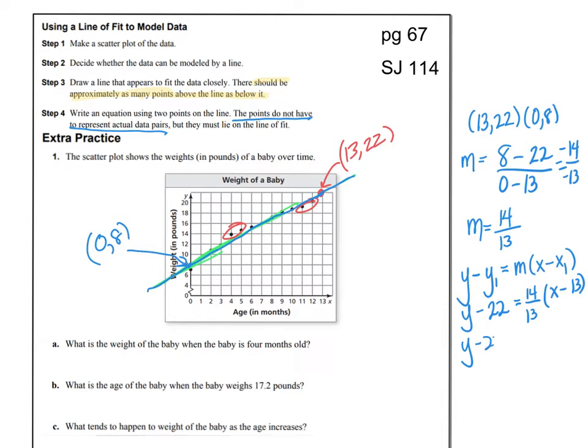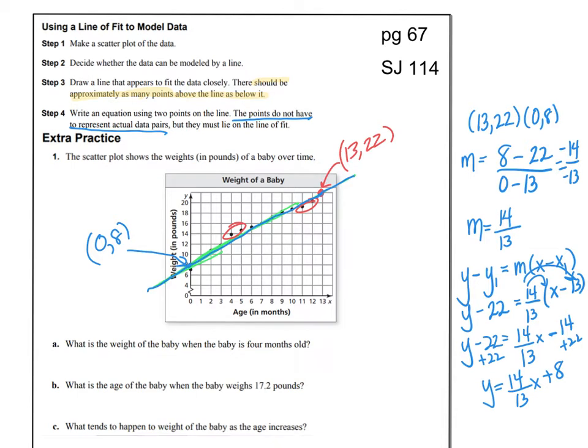Y minus 22 equals 14/13 x, distributing. 14/13 times negative 13 would be minus 14. Add 22 to both sides. So y would equal 14/13 x plus 8.